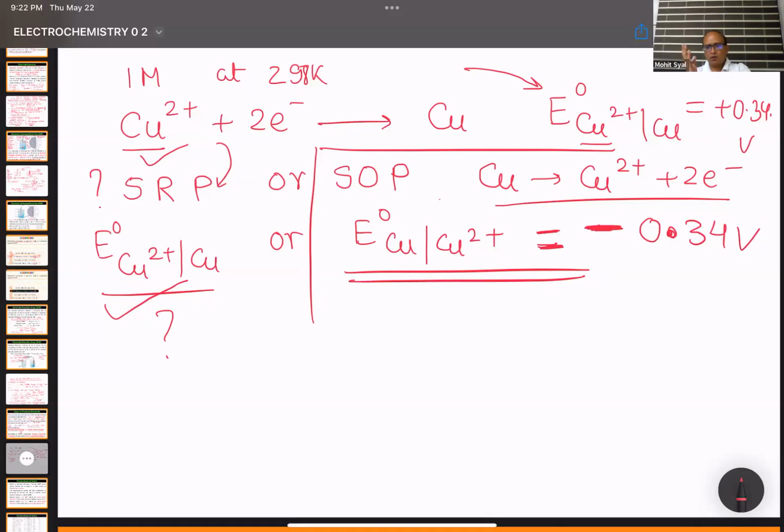If I don't use the word oxidation or reduction, if I forget to mention it, and I simply say electrode potential of copper, which value should I consider to be the value for the electrode potential as per IUPAC convention?